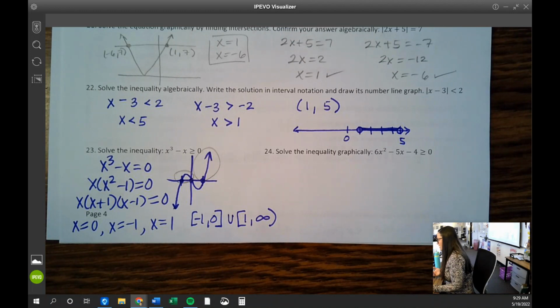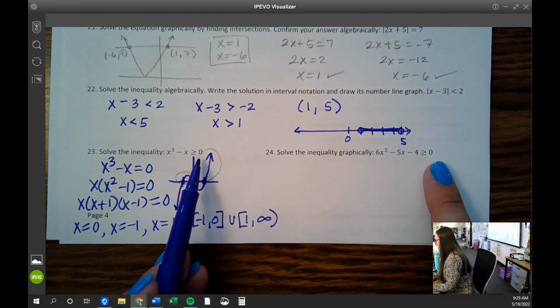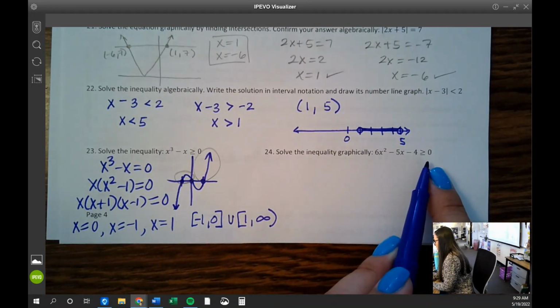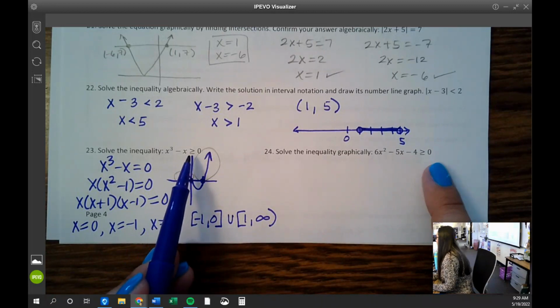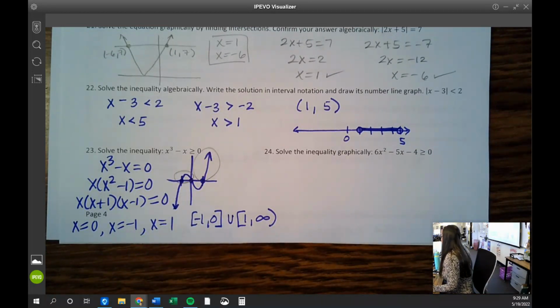So essentially, anytime you have an inequality like this one as well, you're just going to want to find what values make it equal 0 first, and then you can determine what intervals are going to be greater than or less than 0.